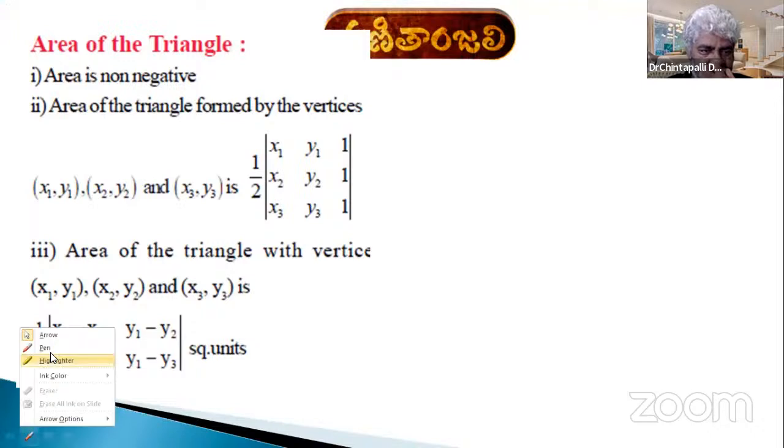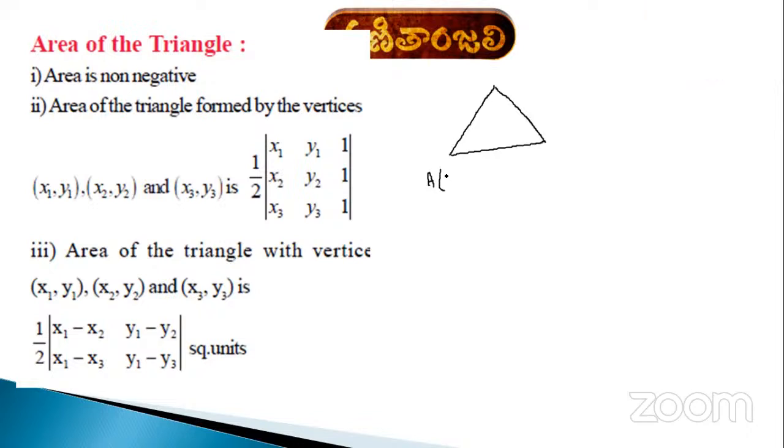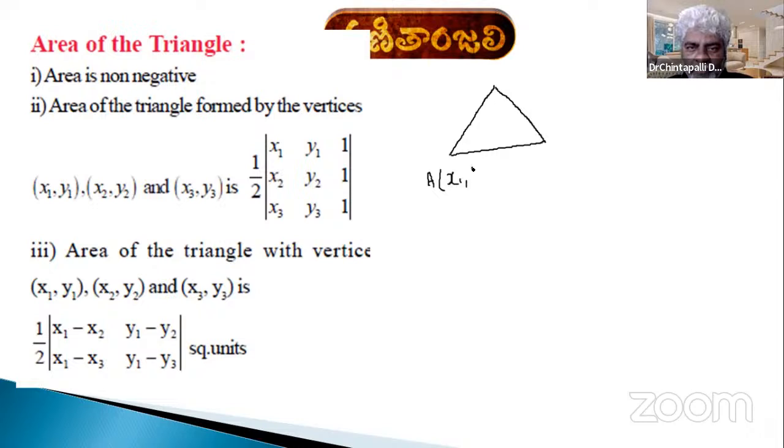For example, generally 3 coordinates are given; this need not be an equilateral or isosceles triangle, it can be a general triangle. A is (x1, y1), B is (x2, y2), C is (x3, y3).